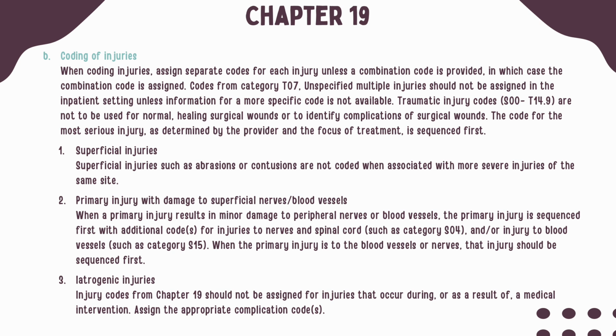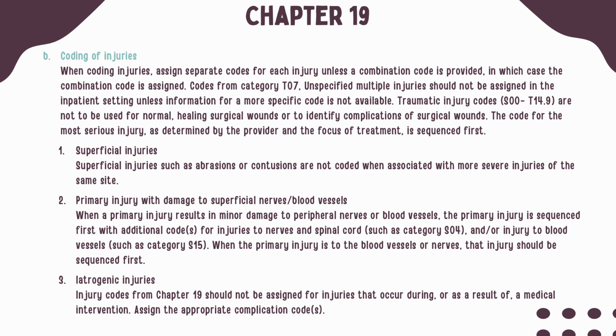When multiple wounds are present, the code for the most serious injury should be sequenced first. When superficial injuries, such as abrasions or contusions, are present with a more severe injury of the same site, you should assign only the code for the more severe injury. For example, when you have abrasions or contusions at the site of a fracture, only the fracture should be coded.